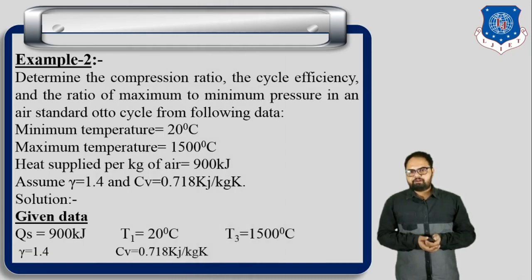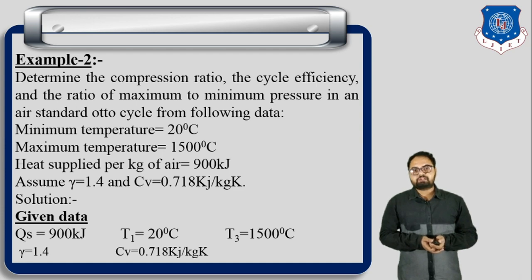Here in this numerical, we have Qs, T1 and T3, and gamma is also given. We need to find the compression ratio R, that is V1 by V2, the cycle efficiency, and the maximum to minimum pressure ratio. The equation of Qs is m Cv (T3 minus T2).